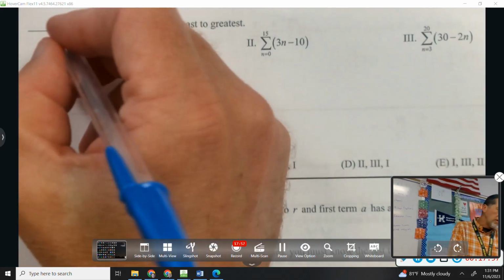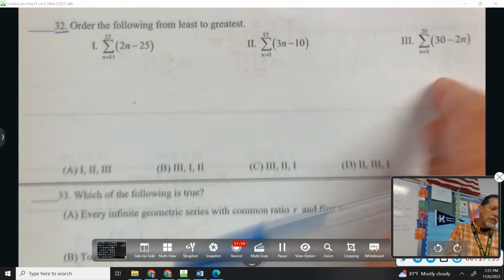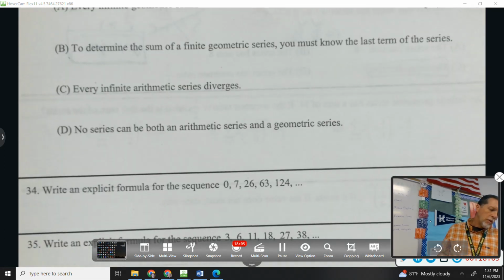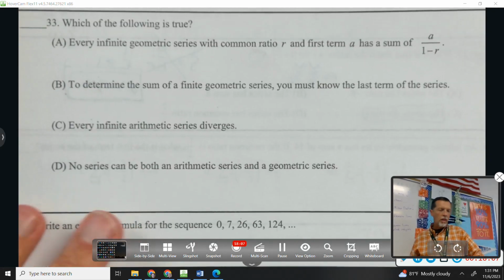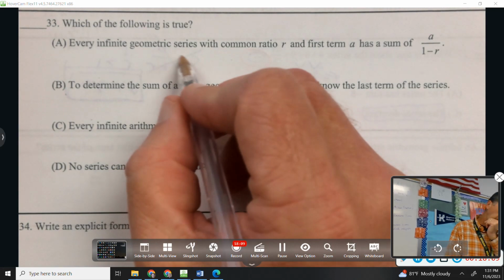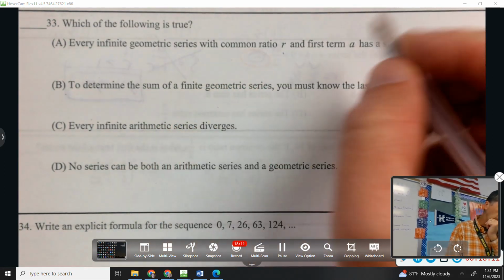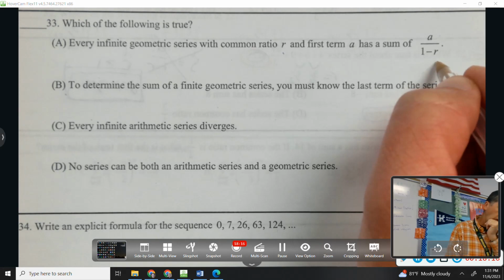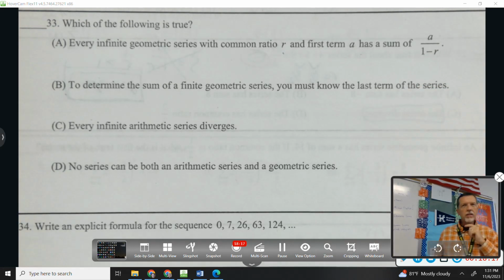We just barely avoided number 32, although those aren't infinite, so that would be a separate question. Number 33. Which of the following is true? Every infinite geometric series with common ratio r and first term a has a sum of a over 1 minus r. Is that true or not true?